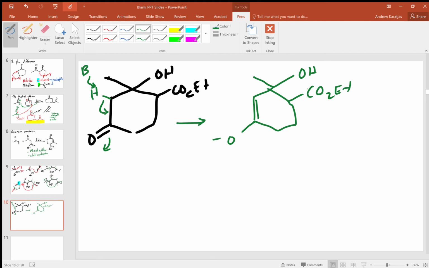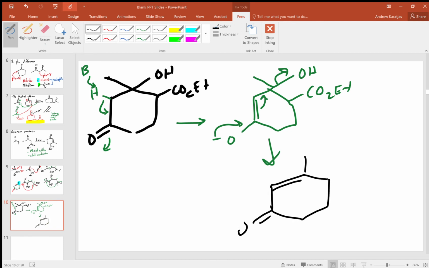And finally, that O minus can now trigger the loss of the OH to give us our final product. So definitely a long mechanism, definitely a complicated mechanism, but you can see just how quickly we can build up complexity from two relatively simple starting materials.